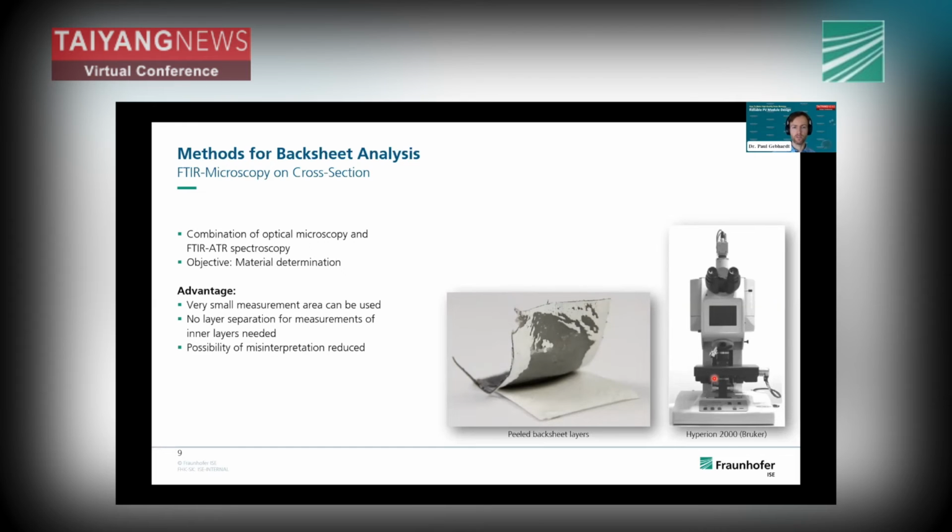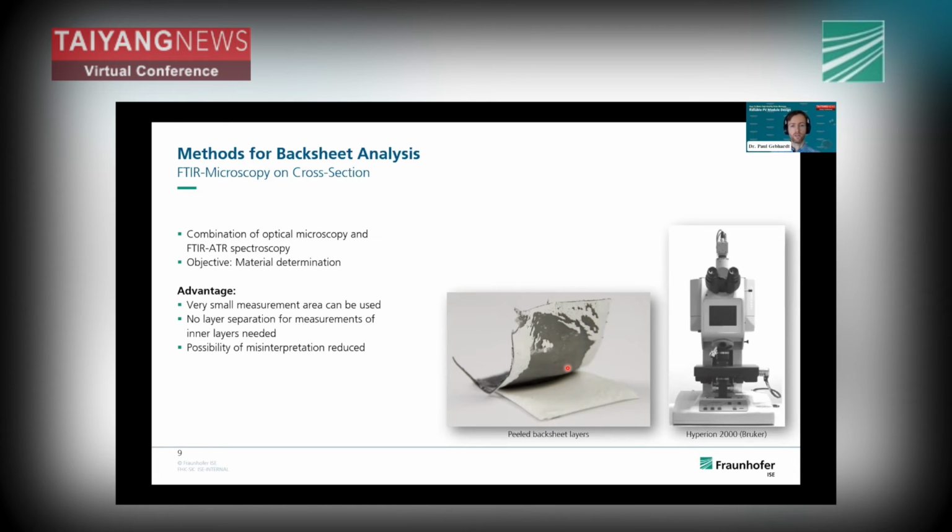They can be very small, especially now with materials like CPC. I showed you this image of one backsheet that was separated manually, and it can happen that the adhesion is maybe too strong to separate the layers completely.